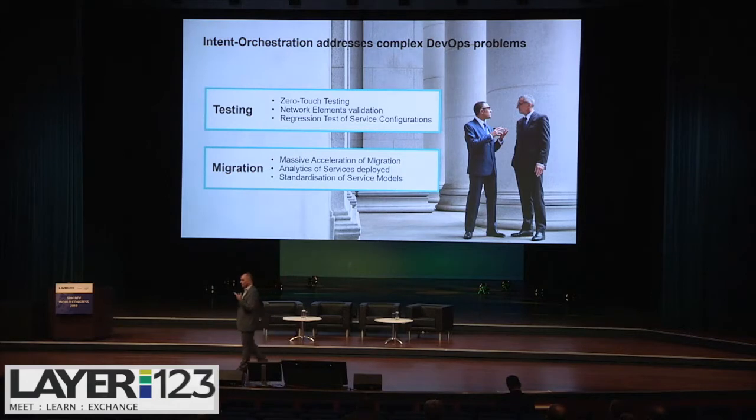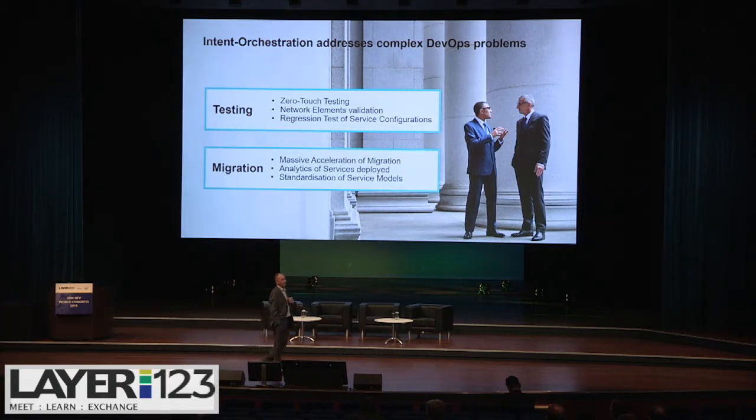We see really two areas which are of added value, and the industry hasn't been thinking too much about it. First of all, it's testing. That's really the problem in day-to-day life engineers are confronted with, and if you don't do regression testing well, you run into difficulties. And the second is, as I said, migration.